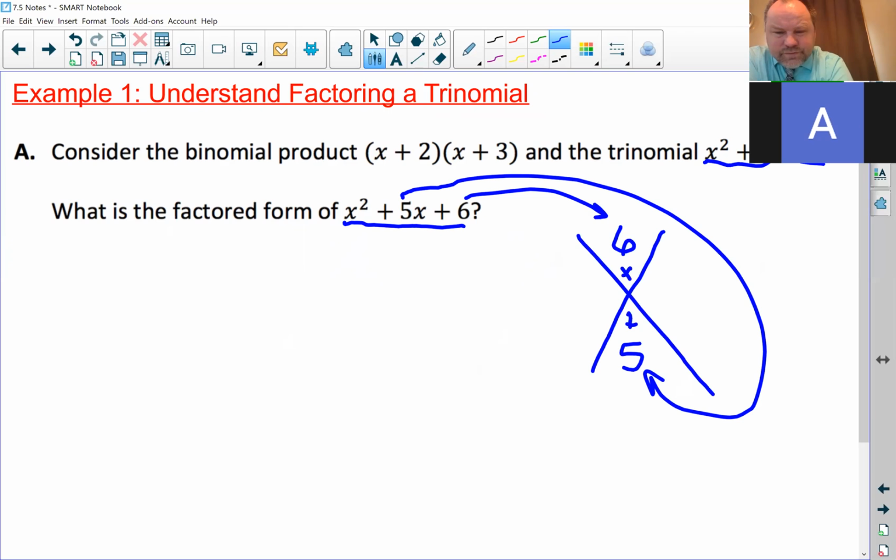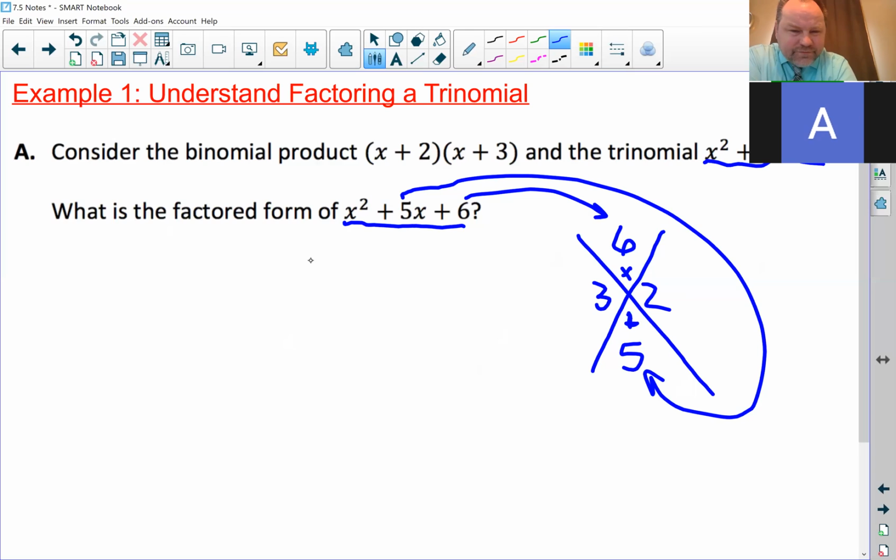And what two numbers multiply to 6 and add to 5? Yeah, 3 and 2, perfect.